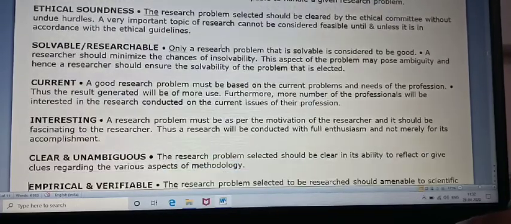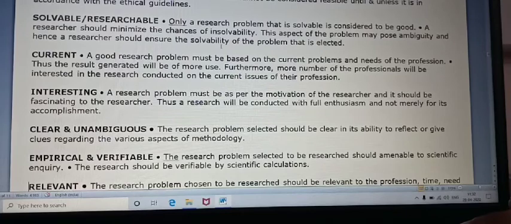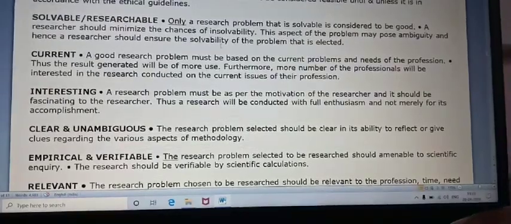The next thing is, the research problem should be made in such a way it is solvable or researchable. So for example, if you are trying to find, like again, let's go to the moon. You are trying to say that you are going to create rain on the moon. Is it something which you can do?